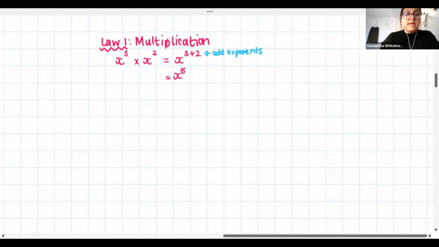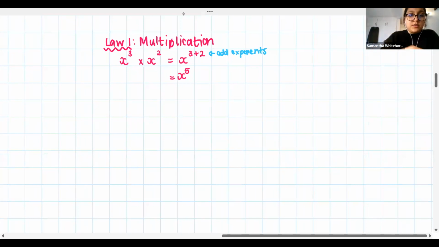When we then get to our second law of exponents, I just want to move that over. Our second law of exponents now deals with the opposite or the inverse operation, which is division.